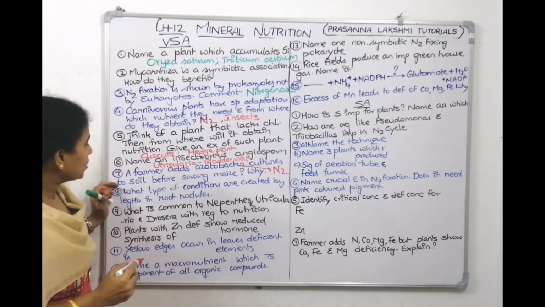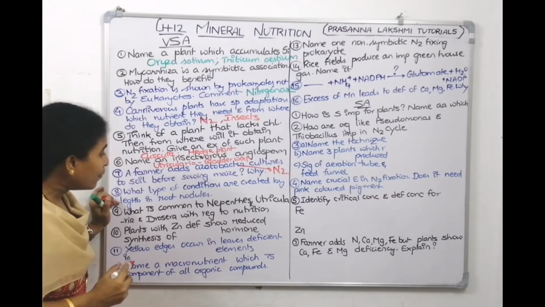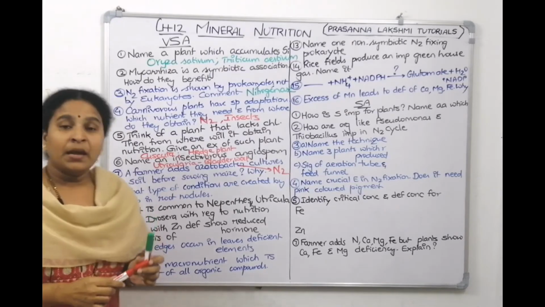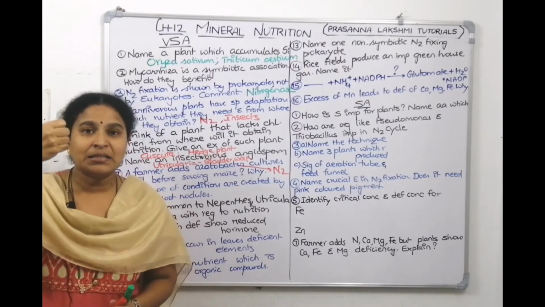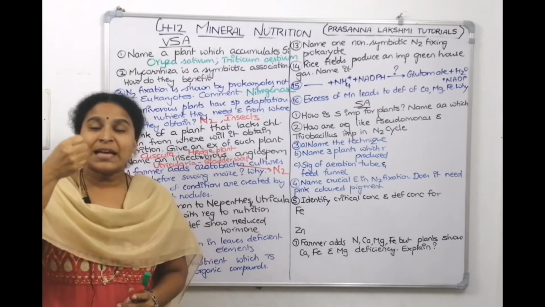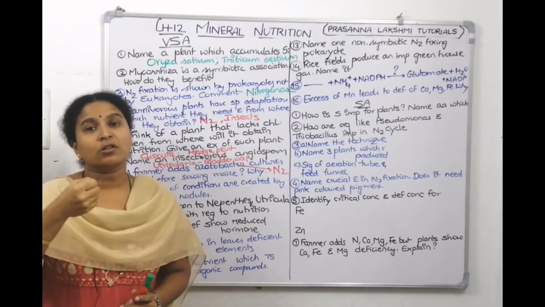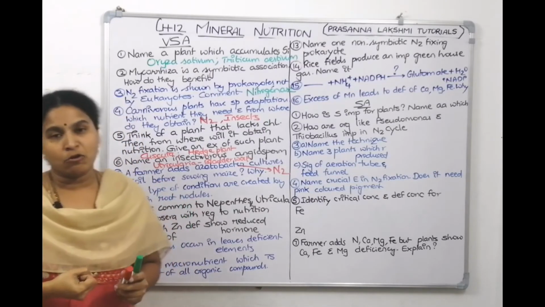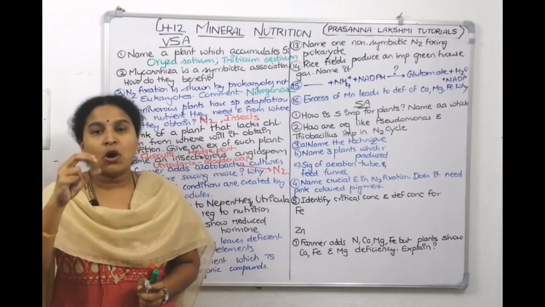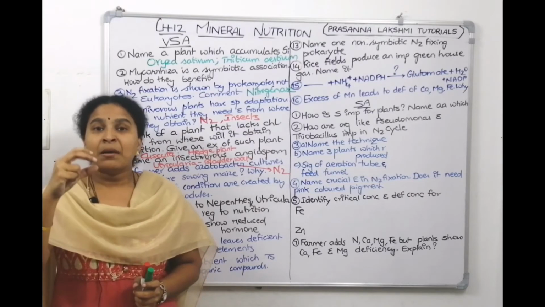What type of conditions are created by leghemoglobin in the root nodules? In NCERT, there is a sentence, uproot the leguminous plant and see the root nodules have a pink colored structure because of the presence of leghemoglobin. What is the role of the leghemoglobin? They are asking. In this nodule, bacteria is there.